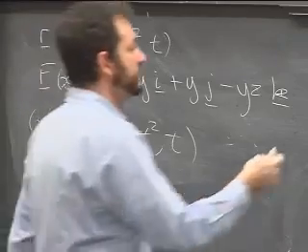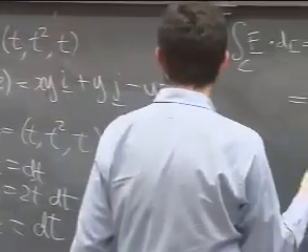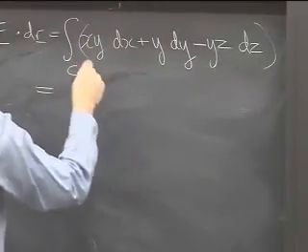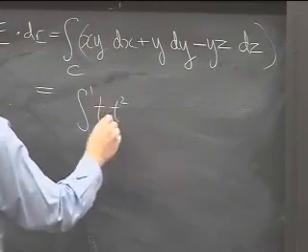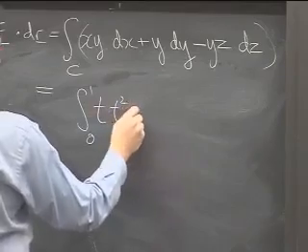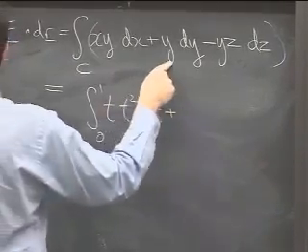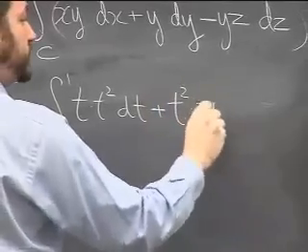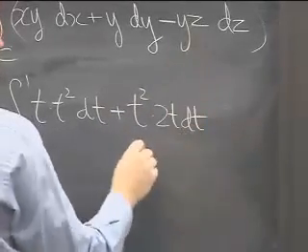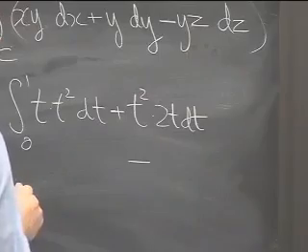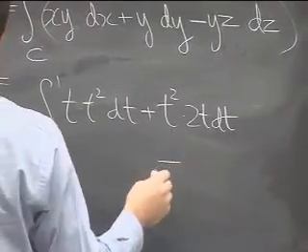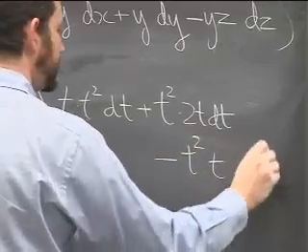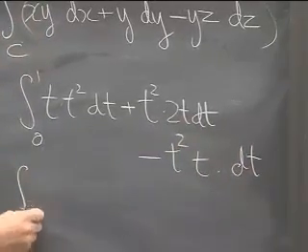And so if I plug this in here, again, t goes from 0 to 1 in this parameterization. x is t, y is t squared, and dx is dt. y is t squared, dy is 2t dt. Minus, I can't quite fit it in, but that's okay. y is t squared, z is t, and dz is just dt. And of course you get exactly the same thing we had before.